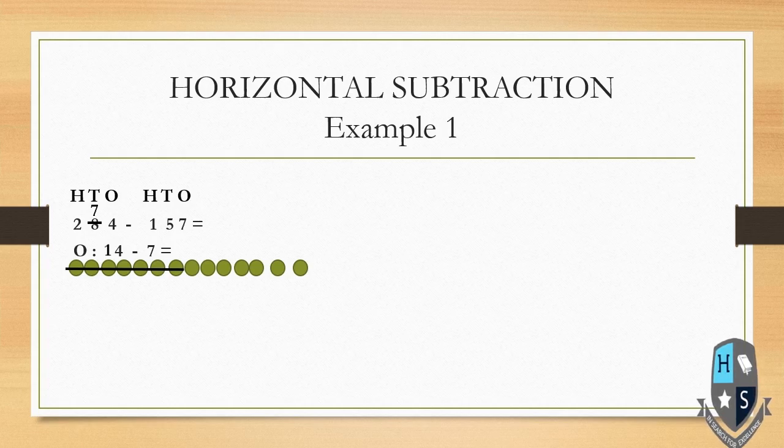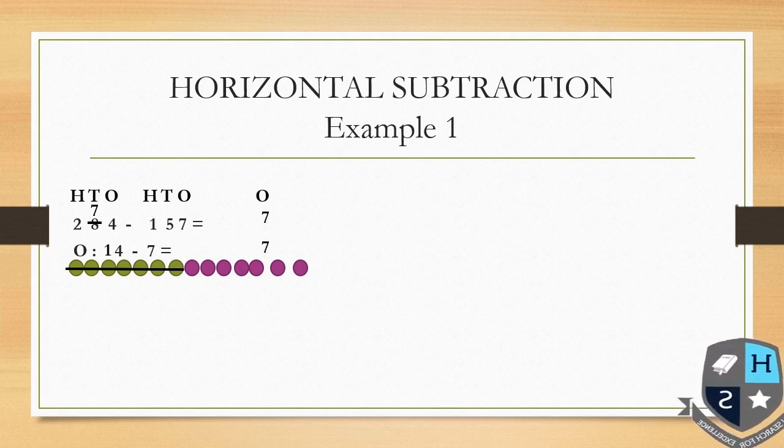Then we count how many balls remain. Let's count together. 1, 2, 3, 4, 5, 6, 7. So we remain with 7 balls. We take that 7 and write it in ones.